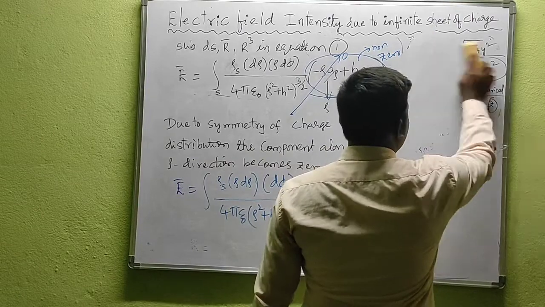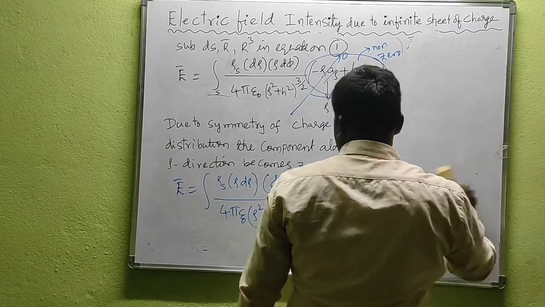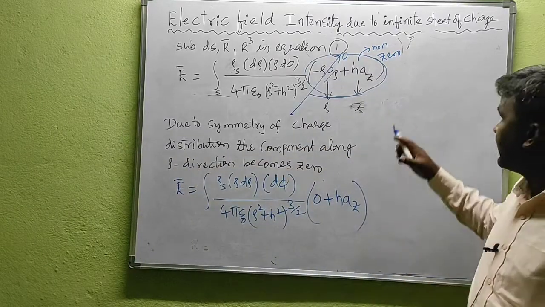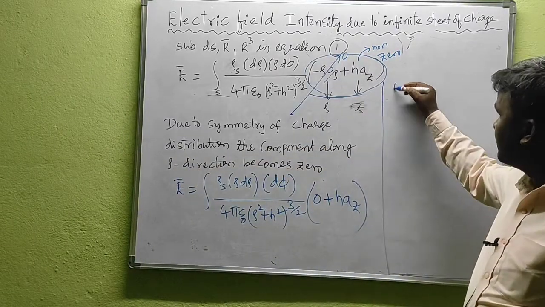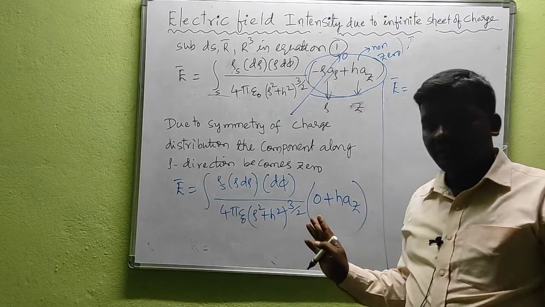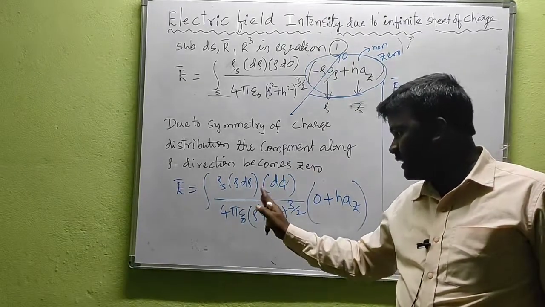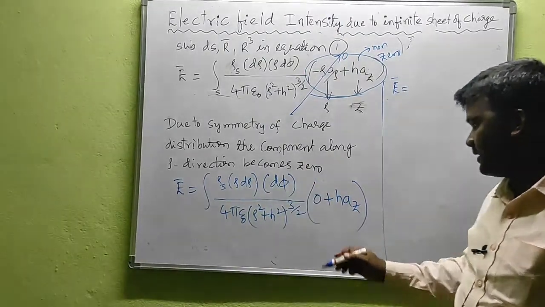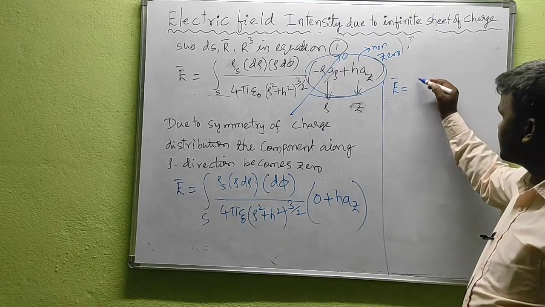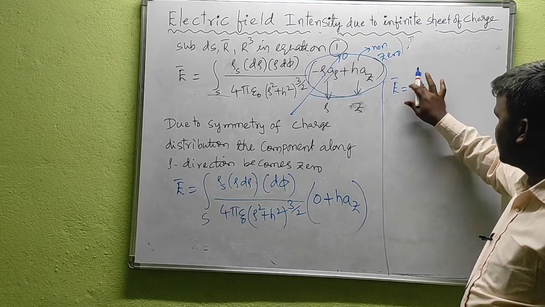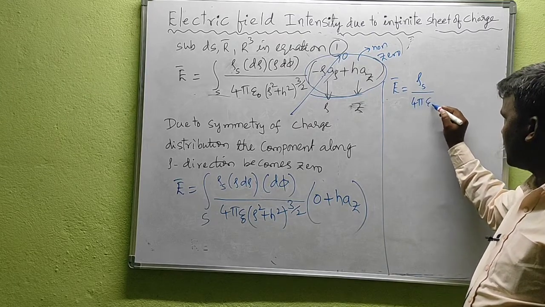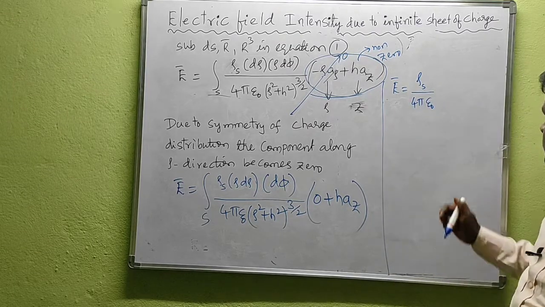Now simplify this. We can write E bar as the integration with respect to rho and phi only. Let us write the rho components at one place and the phi components at another place. It is a surface integral, which means a double integral. Rho s is uniform charge density, which means it is constant. Uniform means constant. 4 pi epsilon naught is also constant.